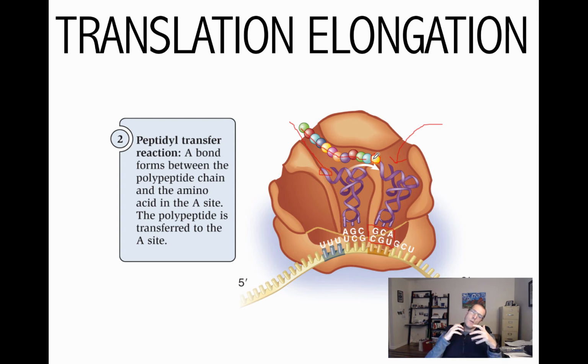And so we get a reaction between the carboxylic acid group of the existing chain and the amino group of the amino acid on the tRNA that just came in. And so the transfer occurs of the polypeptide chain from the tRNA in the P site to the amino acid on the A site. Okay, now that's complicated.